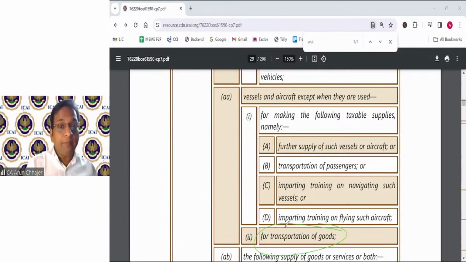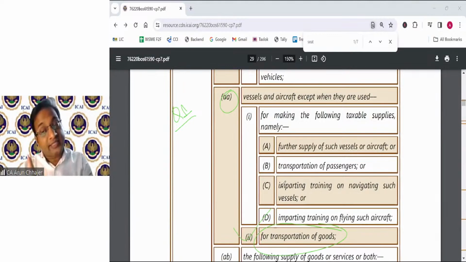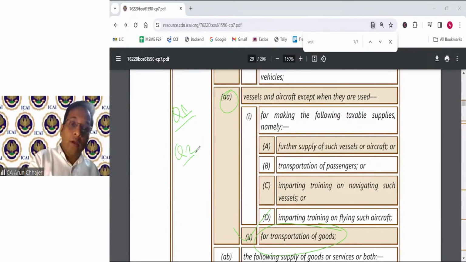The first question, which I'm clarifying right now: why in clause AA are they specifically talking separately of the transportation of goods, but not in clause A? Point number 2, why is it not added as a clause E?